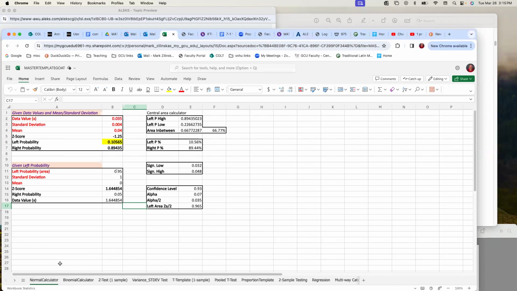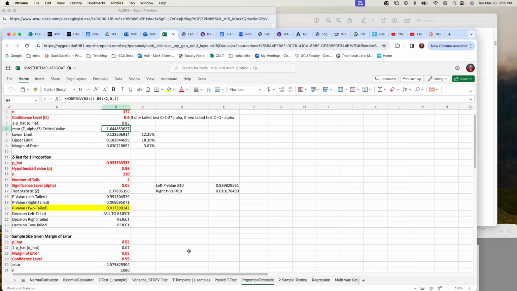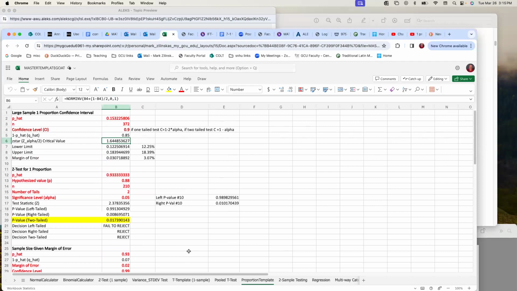Was it, or no, maybe it was the proportion template. I think I did it over here. I think we were going with this confidence level. Like this was kind of the way of doing that. And here's this critical value for 90%.